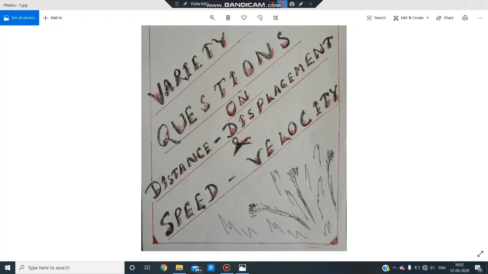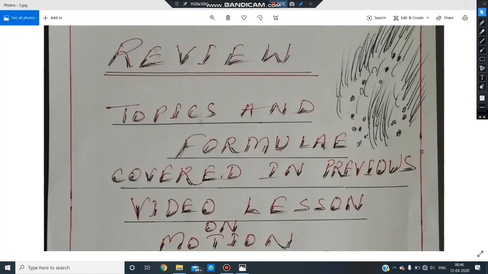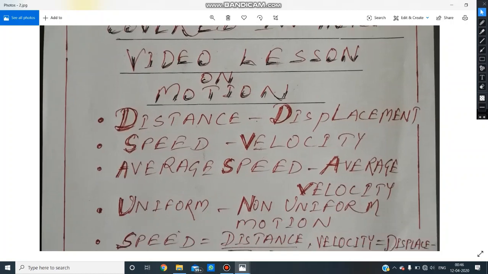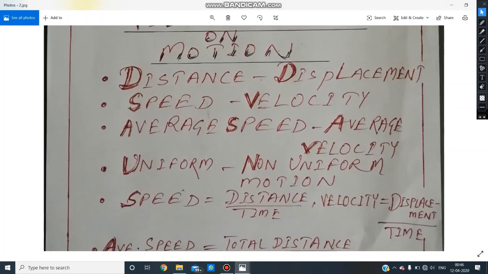and accurate manner. Before proceeding towards the lesson, let's have a review of topics and formulae which we have covered in the previous video lesson on the motion topic. The topics were distance, displacement, speed, velocity, average speed, average velocity, uniform and non-uniform motion.